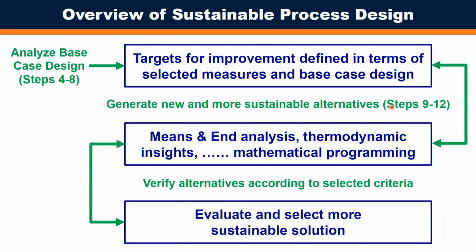That's what's going to go into Professor Piscopoulos' lecture tomorrow. Once we have candidate solutions, we can look at thermodynamic insights, optimization, and so on to further refine those. And finally, we can pick the more sustainable solutions if there are any beyond what we had already identified.